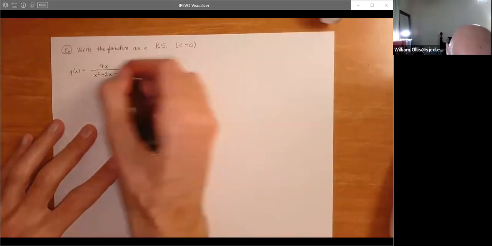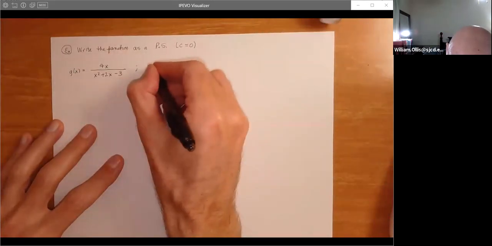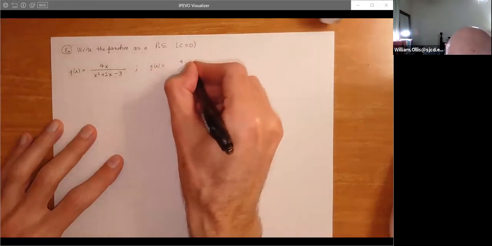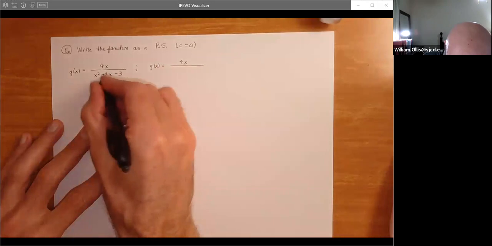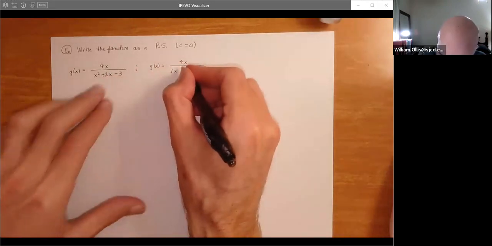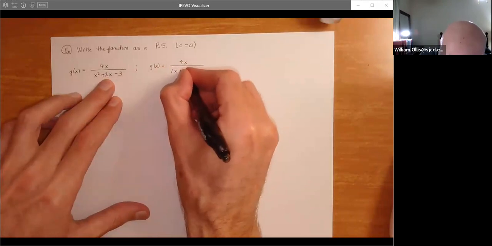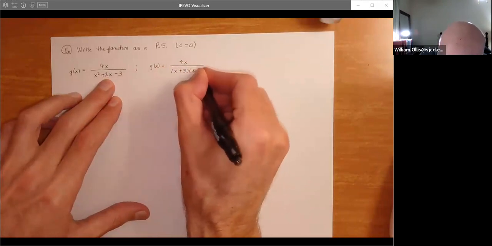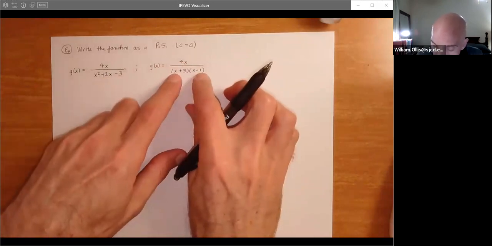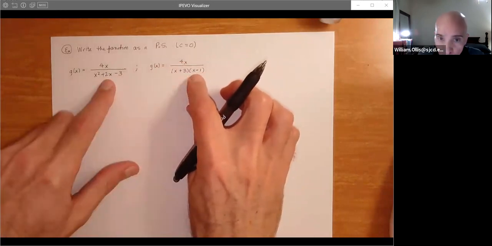So here, this is where we start. So we're going to say g of x equals 4x, and then we can easily factor this. Don't we wish all factoring were this simple? So we'd say x, in this case, plus 3 and x minus 1. Again, this will give us the negative 3, and the negative x and the 3x will give us the 2x.